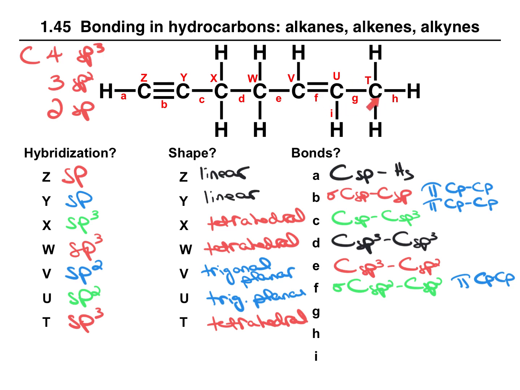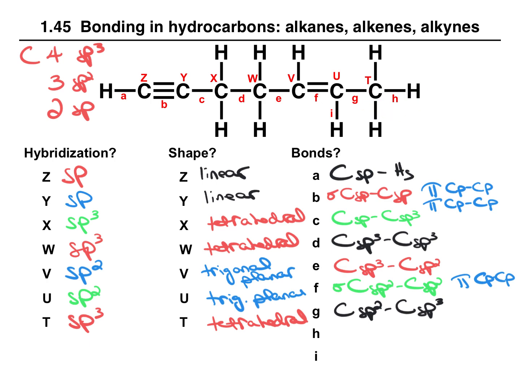If we look at G, this carbon's sp2 hybridized, this carbon's sp3 hybridized. So G would be created by the overlap of a carbon sp2 hybridized orbital with a carbon sp3 hybridized orbital. H, we're looking at a carbon that's sp3 hybridized overlapped with a hydrogen.